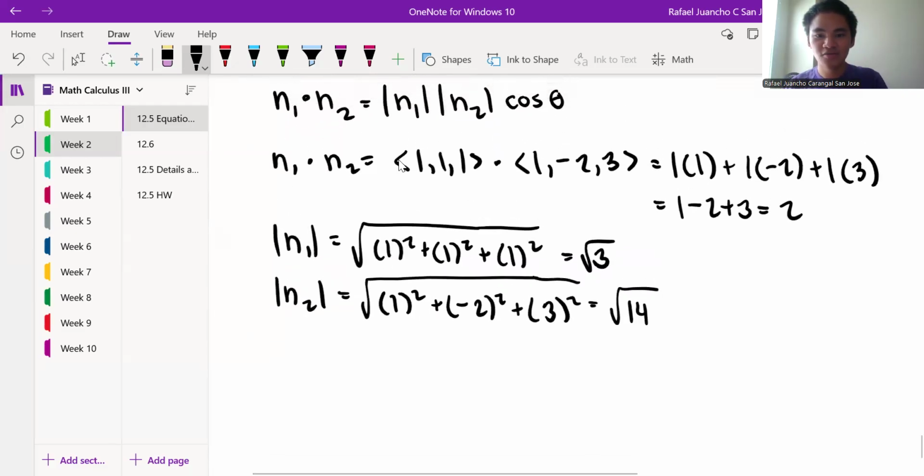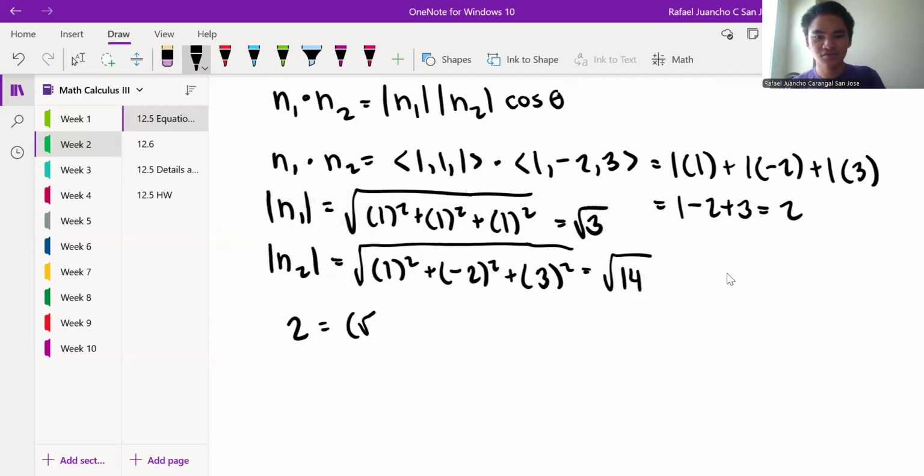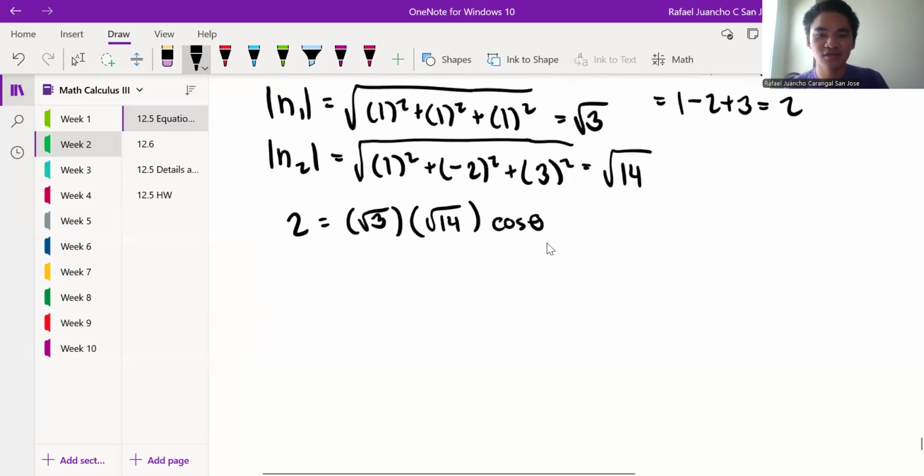Now we can put that in, right? So let's quickly plug in these guys. We have the dot product, which is 2, the length of n1, which is square root of 3, the length of n2, which is square root of 14, cosine theta. Now we just isolate theta and we get the angle. So I can actually multiply: 14 times 3, I got square root of 42 cosine theta.